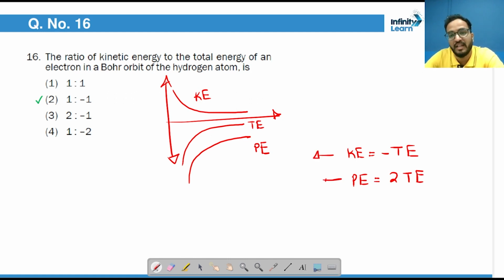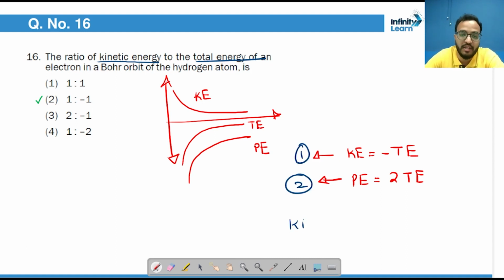So you have to utilize these relationships. What are they asking? The ratio of the kinetic energy to total energy. That means the first relationship, not the second one, right? So what is kinetic energy upon total energy? It is going to be 1 is to minus 1. Second option is correct. Got it?